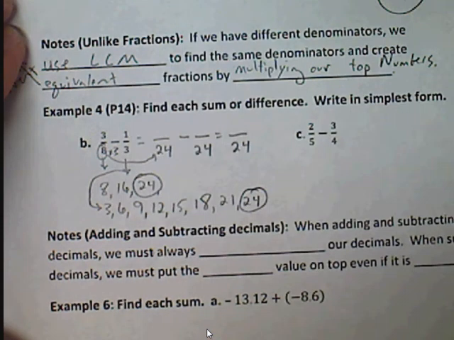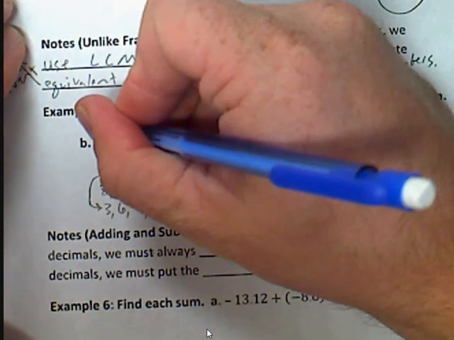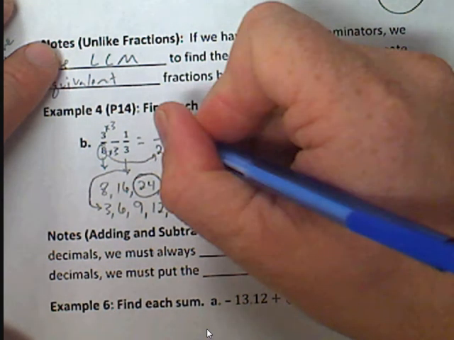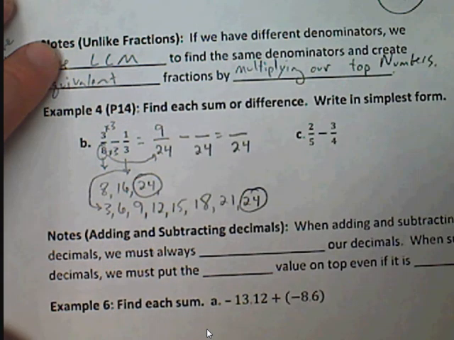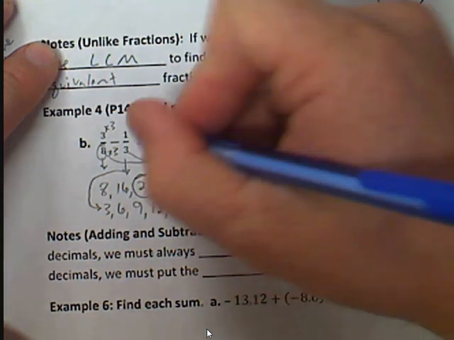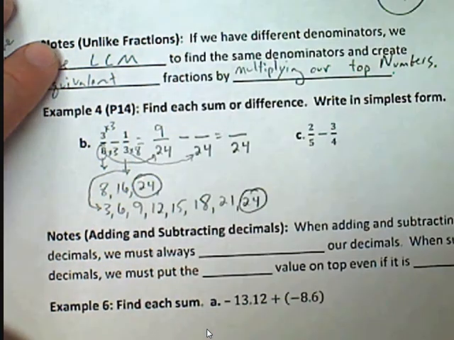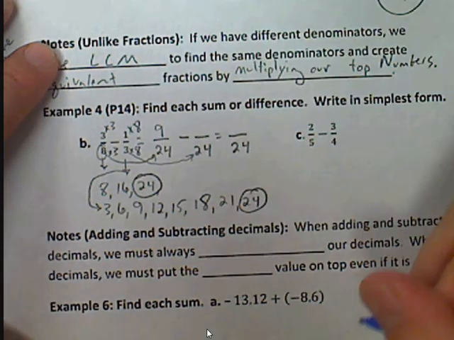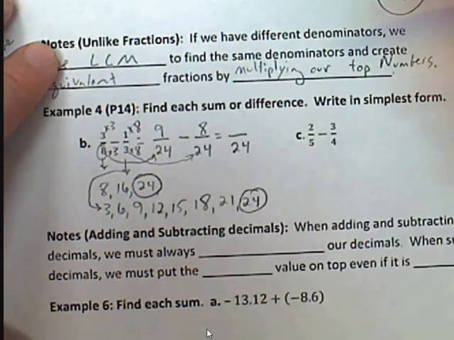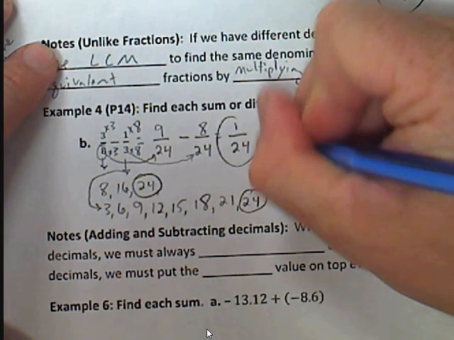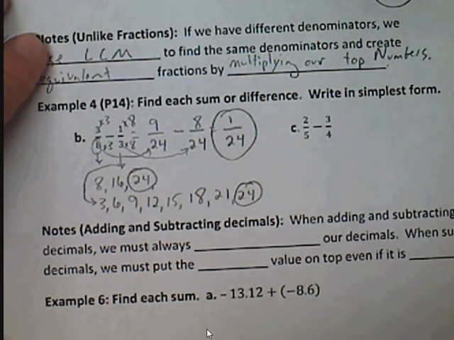If I multiply the bottom by 3, I multiply the top by 3. 3 times 3 is 9. How did I get from 3 to 24? I multiplied by 8. If I multiply the bottom by 8, I multiply the top by 8. 1 times 8 is 8. 9 minus 8, 1. 1 over 24, there is nothing that I can do with that.